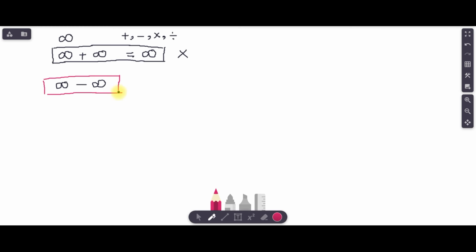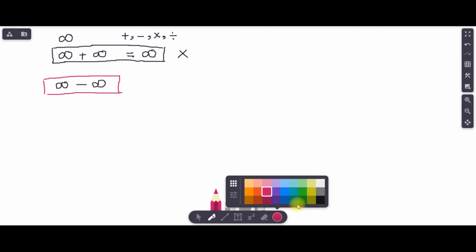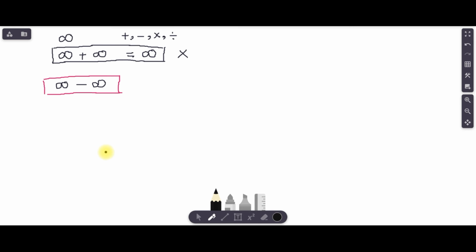Now let us take another example, the third one, that is infinity into infinity. If you want to understand whether we can tell the value well in advance or not, take an example.